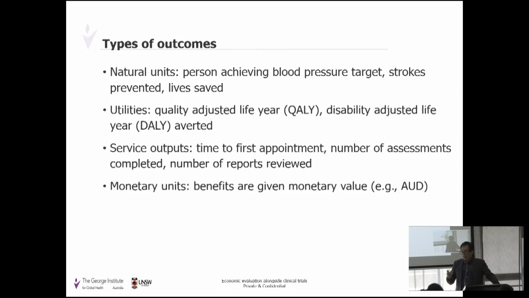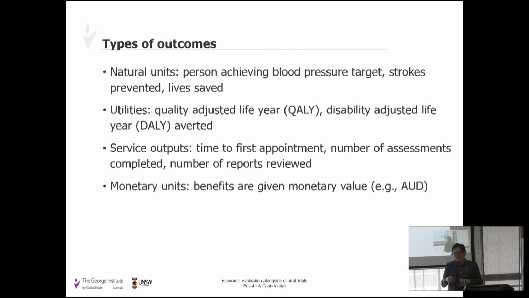Okay, so in terms of the outcome side, there are a number of types of outcomes that we can potentially measure. In a trial, it's very rare that we can just look at the trial outcomes and say, fantastic, those are the outcomes that we want for the economic evaluation.